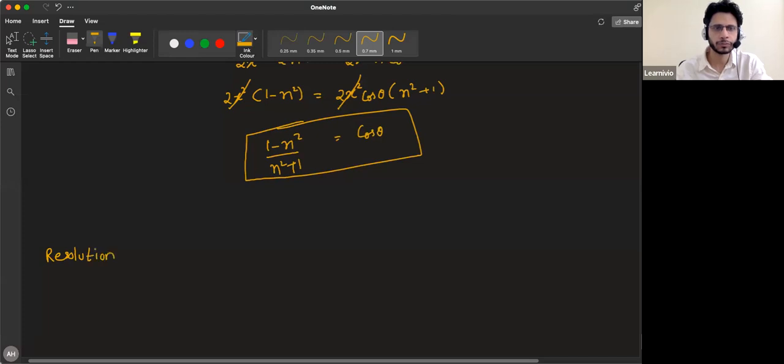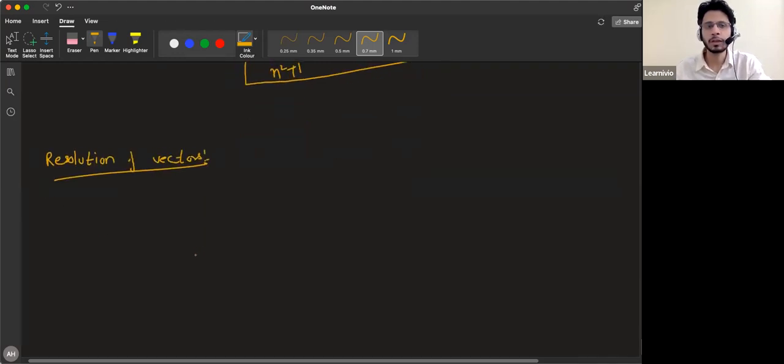Resolution of vectors. So let's do a quick recap of the theory and we'll start with the numericals. Saifullah, what does resolution of vectors mean?